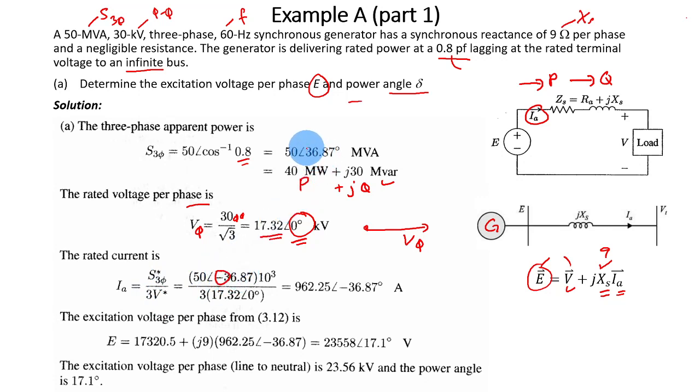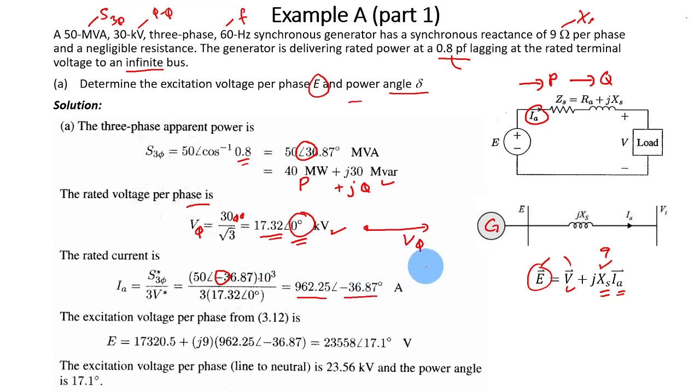Previously the angle was positive, but because you take the conjugate, the angle becomes minus. Multiplying by 10 to the power of 3 is just to change it from megawatt into kilo. Divided by 3 multiplied by 17.32 at the angle of 0, which is the phase voltage. If you divide that, the current will be 962 at the angle of minus 36.87 degrees.